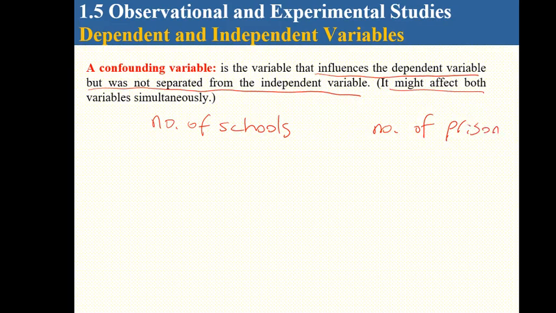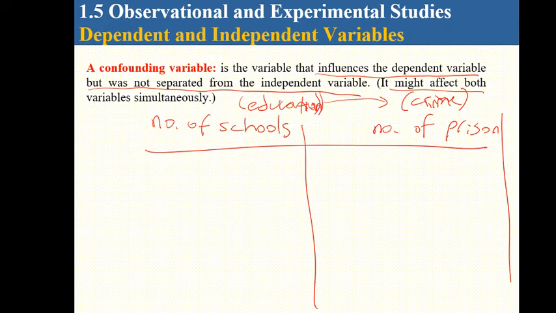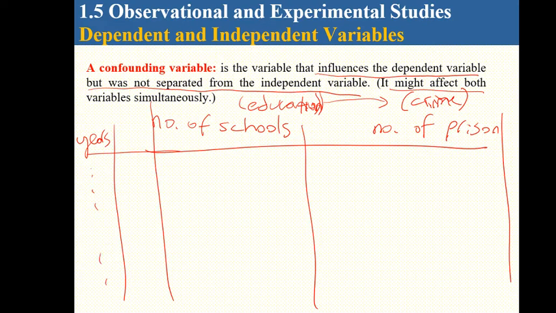Basically, we want to do research on education, characterizing education in terms of schools, and we want to see its effect on crime. But we are looking at these two things: the number of schools and the number of prisons, over the years.